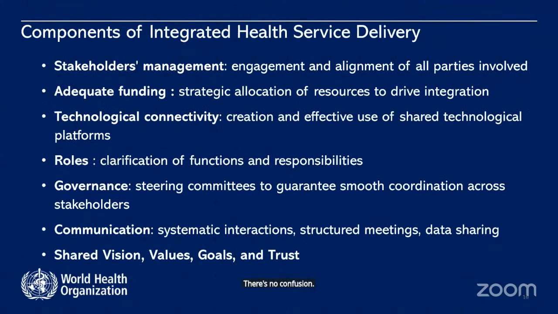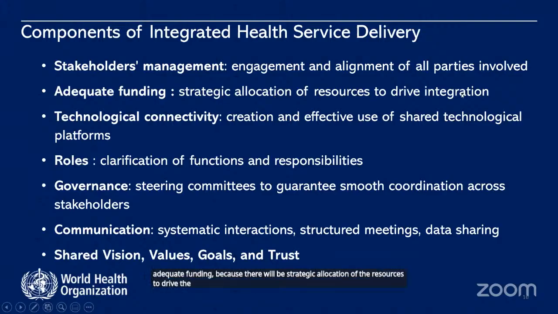So what are the components of a good integrated health service delivery? For good integrated health service delivery, stakeholder management is done very well, and all the parties understand and align, even in the engagement. And then adequate funding, because there will be strategic allocation of the resources to drive the integration.